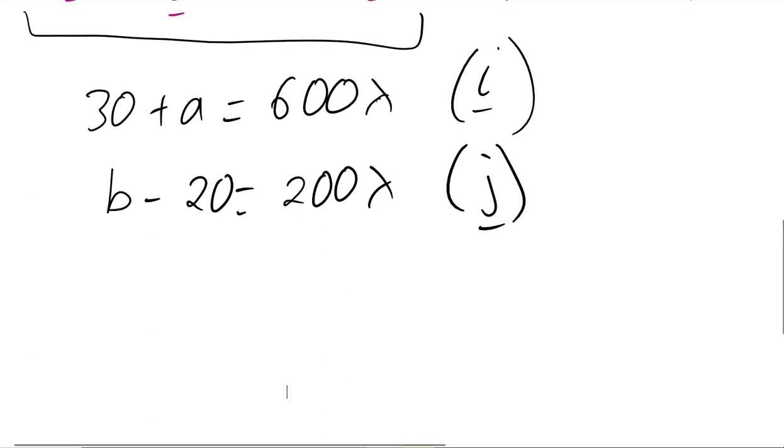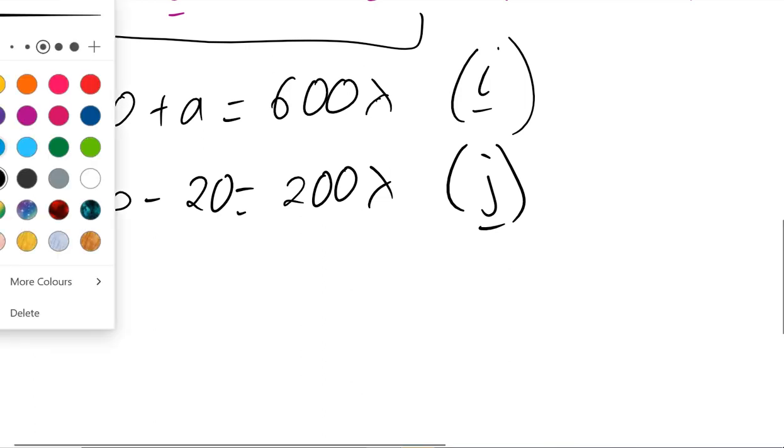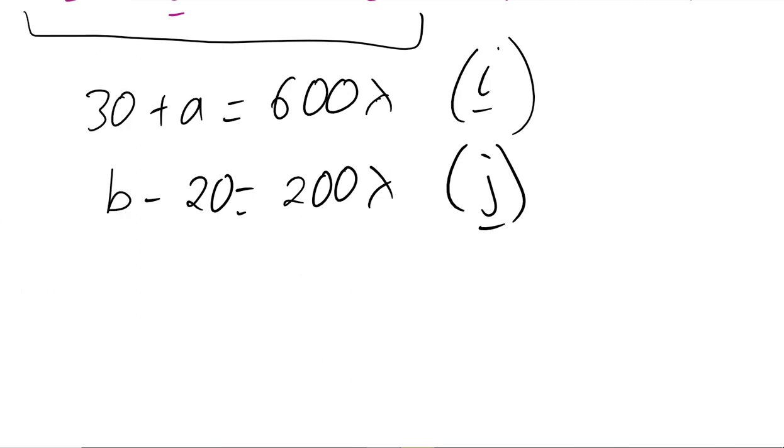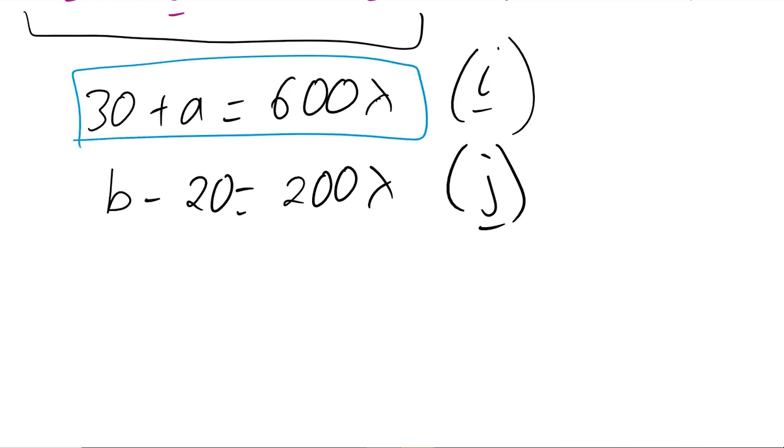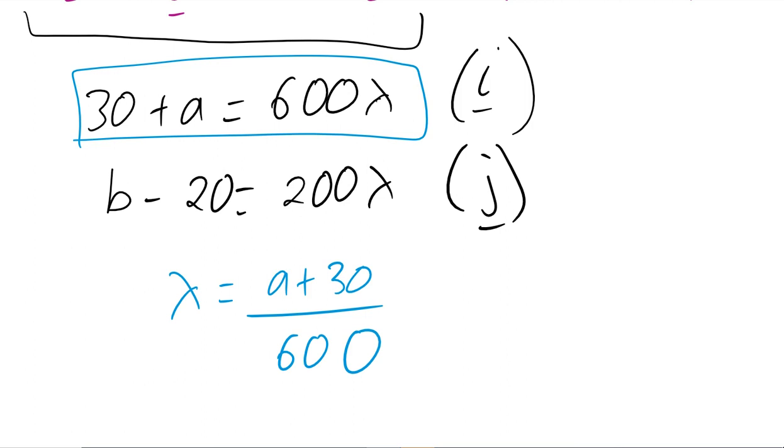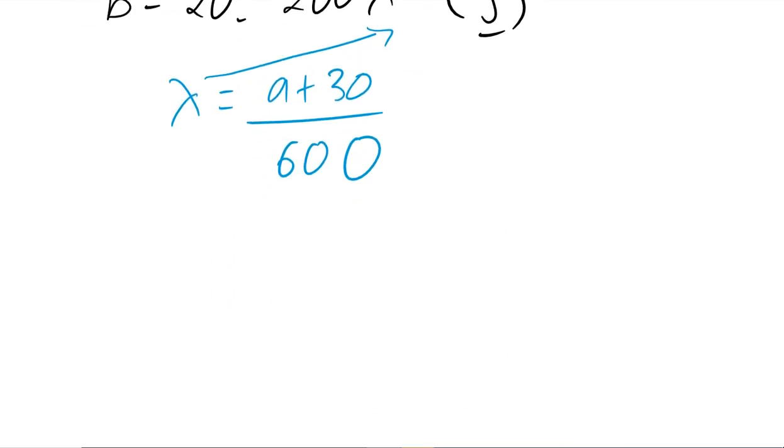So for this question here, I'll just get a different color. I've then got lambda by itself. So I've dealt with this one. And lambda is then equal to A plus 30 over 600. So using that, I've then substituted lambda into that equation there, which gives me B take 20 equals 200.